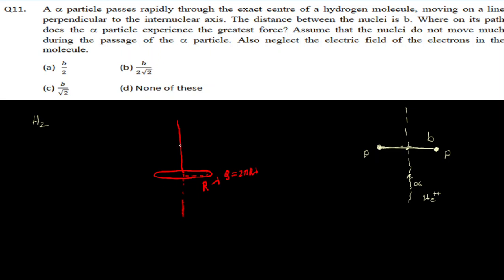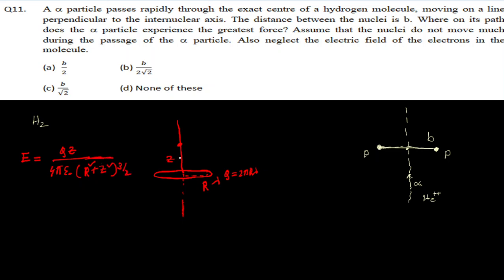If we calculate the electric field on the axis at a distance z from its center, the electric field is qz divided by 4 pi epsilon naught times (r square plus z square) whole to the power 3 by 2.